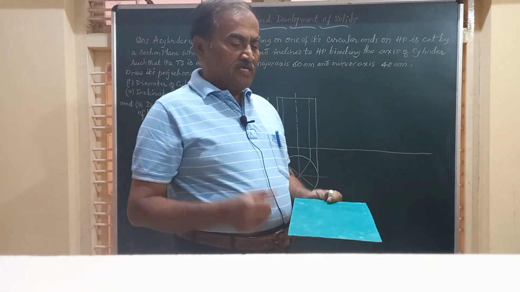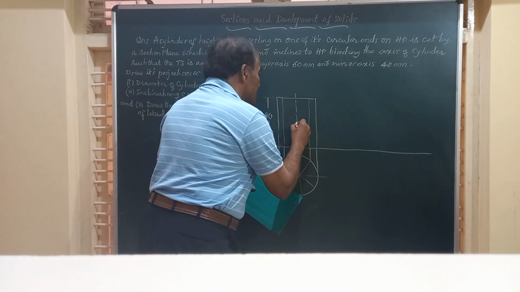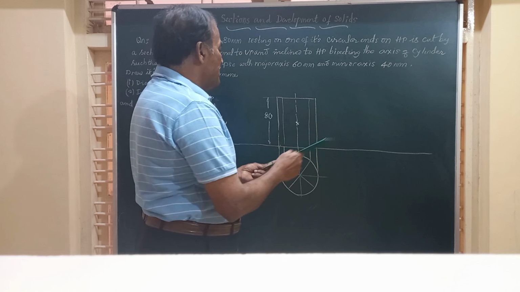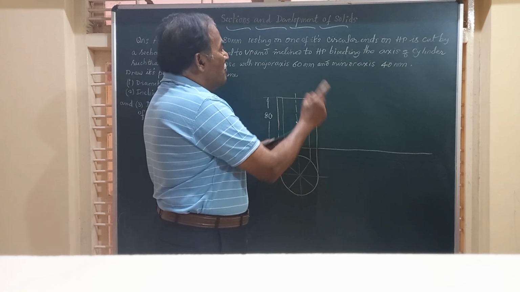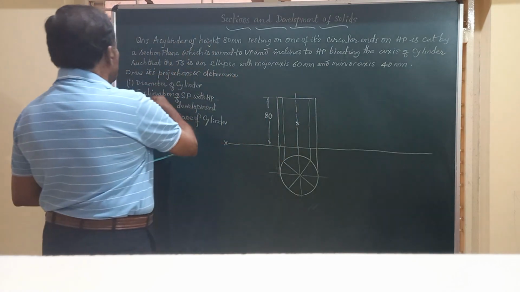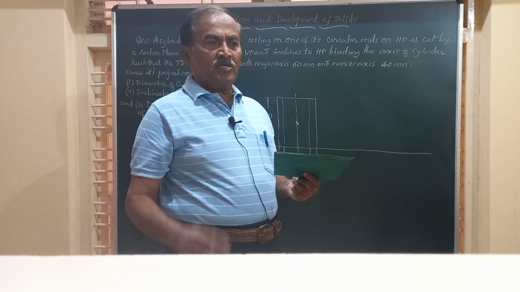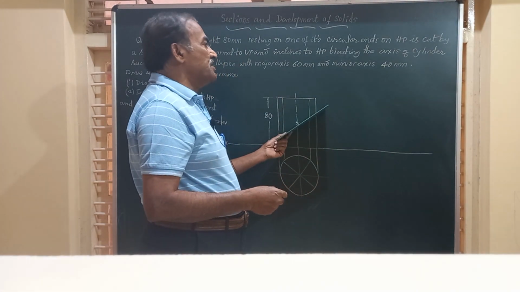And friends, it says it is bisecting the axis, so we can mark the center of the axis. We know the height, we know the section plane is bisecting that, but they have not given what is the angle made by the section plane with HP. No doubt it is normal to VP, but it is inclined to HP.